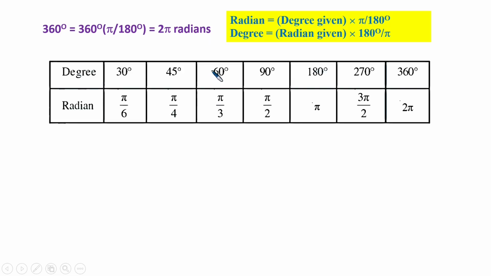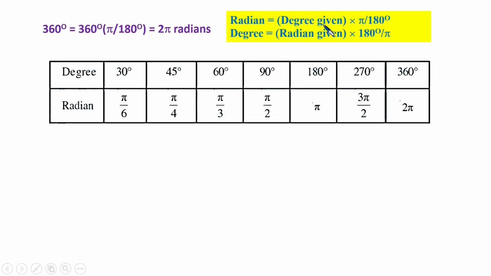To repeat for your benefit, if you want to convert 360 degrees into radians, you multiply by pi by 180 degrees. This degree will cancel and you will have 2 pi radians. Similarly, whatever degrees you have, you want to convert to radians, you multiply by pi by 180. And if radian is given to you and you want to convert to degrees, you just multiply by 180 degrees by pi.